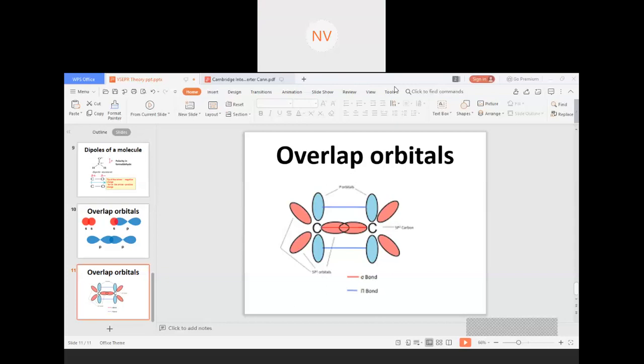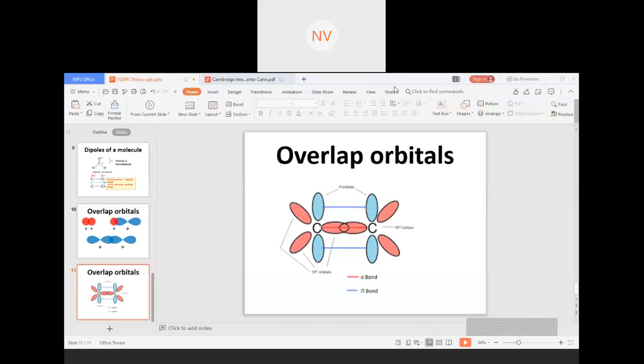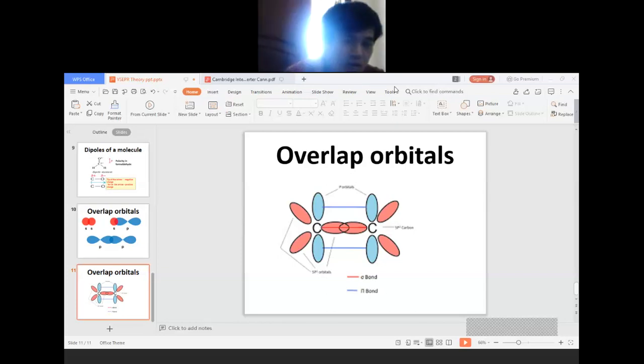Why is it like this? Why can orbitals overlap? Because they make bonding. You learned in covalent bonding: is it sharing or transferring? It's sharing. Sharing in this one is called overlap.